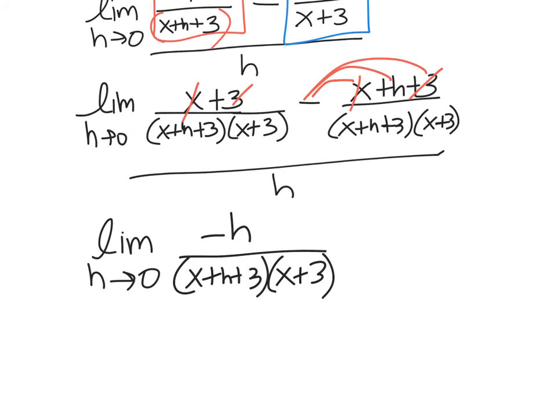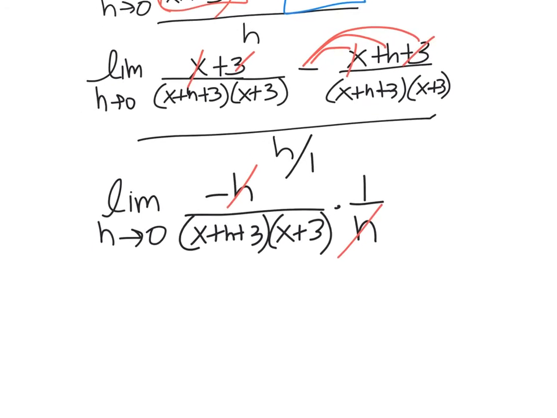But I hate fractions over fractions, so what should we do with that bottom? Because this is really dividing by h over 1, you're going to take it, flip it, and multiply by 1 over h. If we were to plug in 0 at this point for h, we'd still get 0 over 0. But once we get rid of those h's, we reduce them.